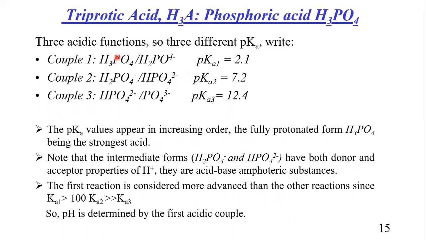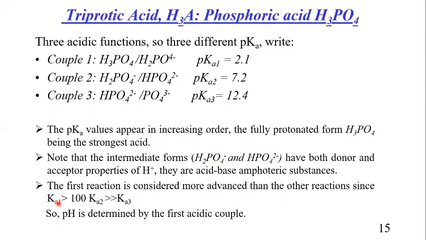So of course, H3PO4 is the strongest out of all of the 3 other acids. We already talked about the intermediates, which are H2PO4 minus and HPO4 2 minus, and we said that they both have donor or acceptor properties of H+, and so these are amphoteric substances.